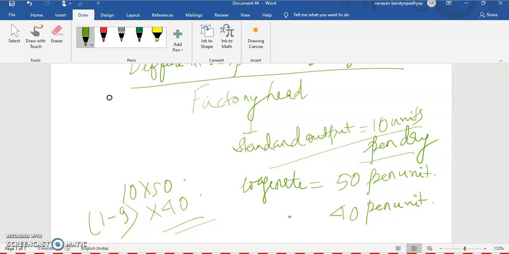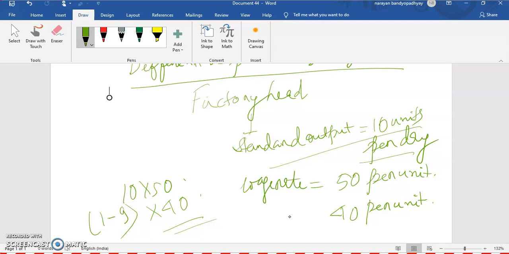Now, if the worker exceeds the standard output, he should be provided with a higher rate, because a person who can make 11 or 12 units a day, if he gets 50 per unit, why will he make that exceeded quantity of product?